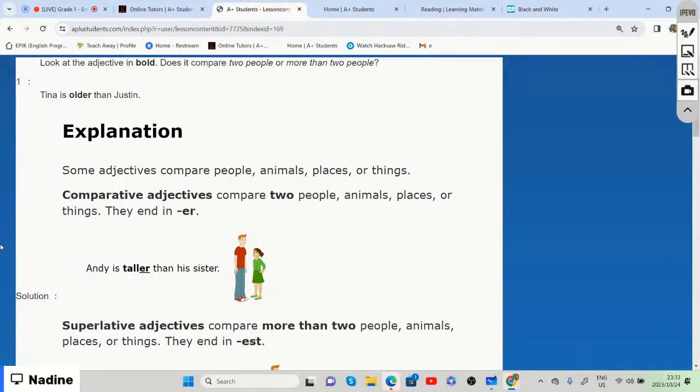A comparative adjective compares two people, animals, places, or things, and it ends in er. And then we have a superlative adjective, which compares more than two people, animals, places, or things, and they end in est.